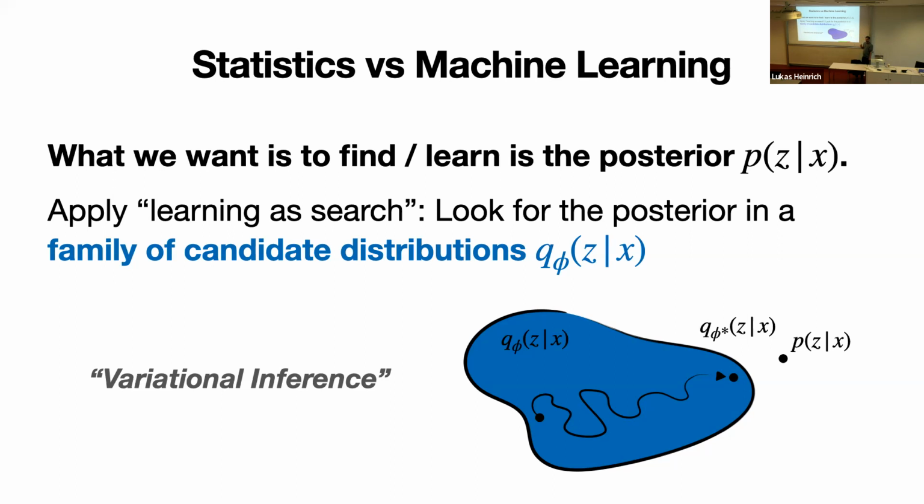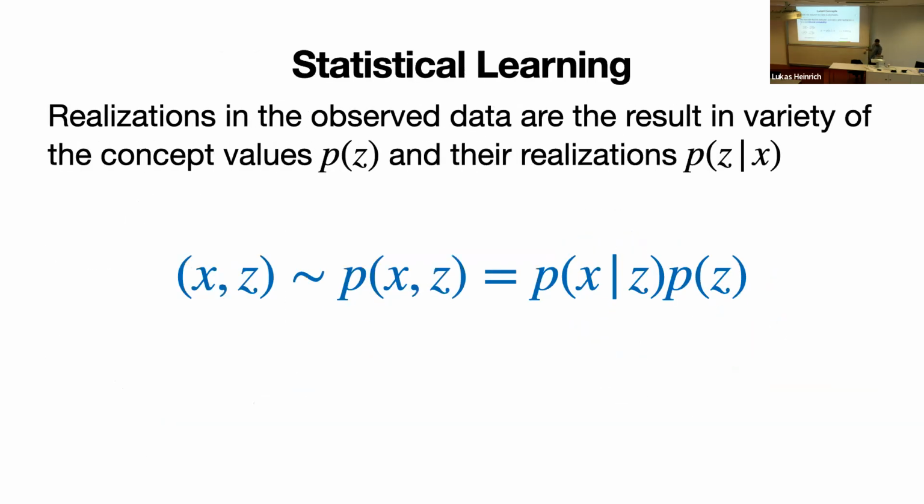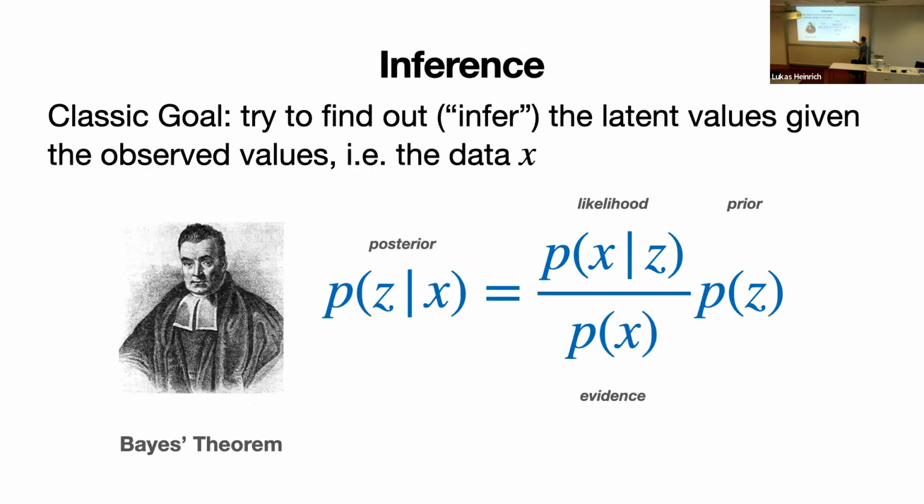Instead of saying I have my likelihood and my prior and doing Bayesian statistics, I say I know there's this posterior out there, and I have a candidate set of posteriors. Can I pick a good candidate that is as close as possible to the true posterior? This turns a problem into something interesting. In Bayesian statistics, one of the big problems is the evidence term, because it is a very complicated integral.